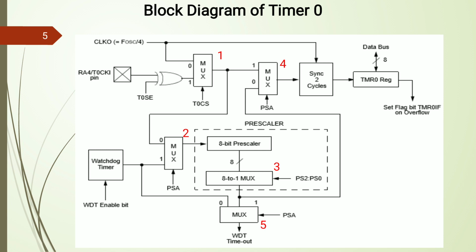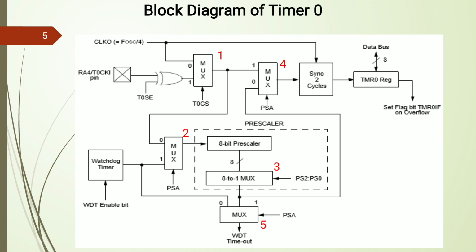So we see the first case. Two cases are there while working with Timer 0: case 1 is related to PSA equal to 0 and case 2 is related to PSA equal to 1. We first see case 1, that is PSA equal to 0. If we make PSA equal to 0, in that case the prescaler circuit is assigned to the Timer 0 circuit.